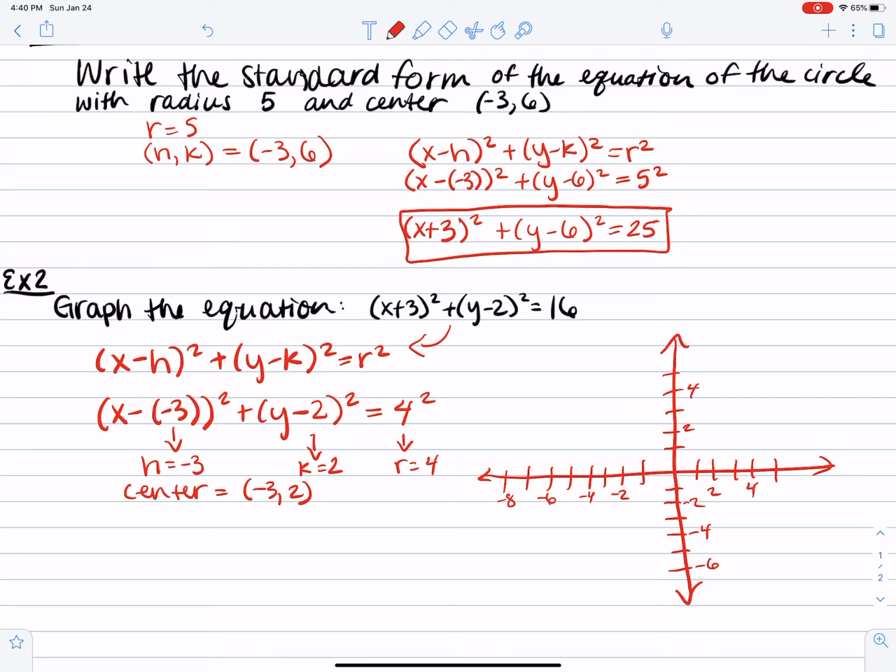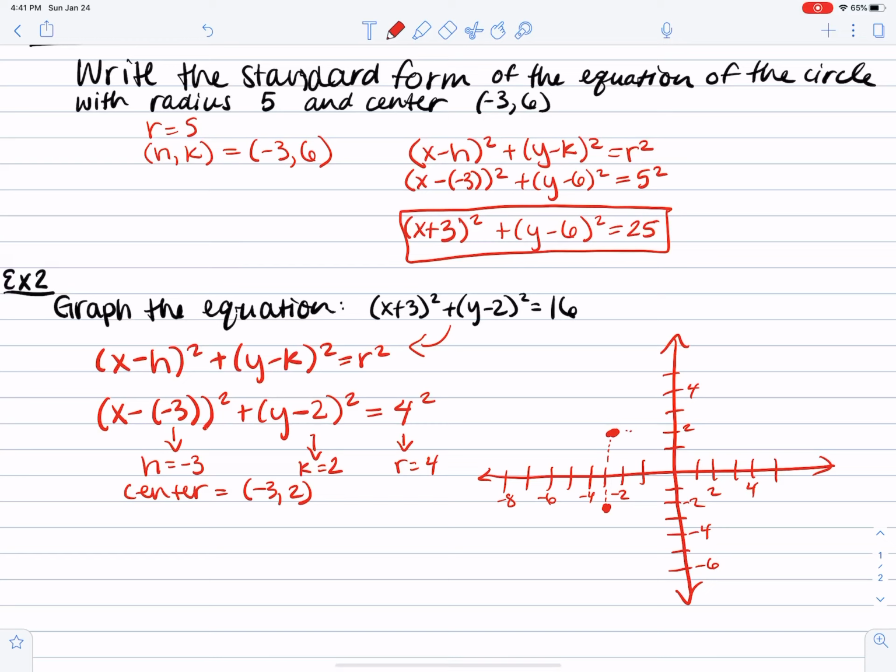All right, so center (-3, 2), so -3 up 2, so that's right here. And then since I know the radius is 4, I can do 4 points. I can do a point straight down, so 1, 2, 3, 4. It would be straight down from here to -2.